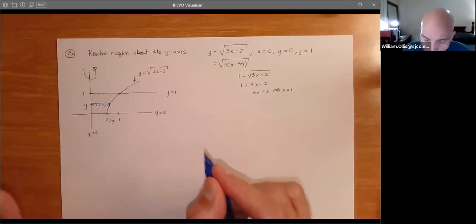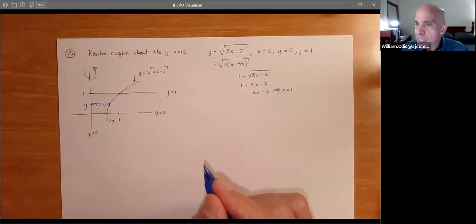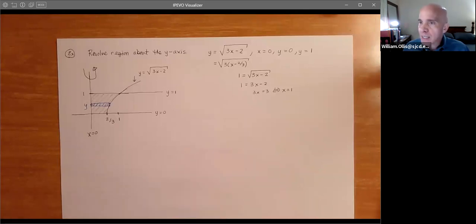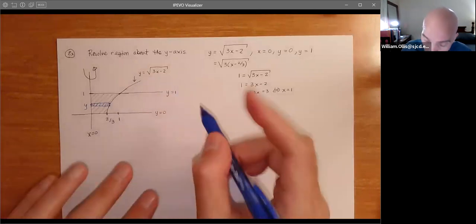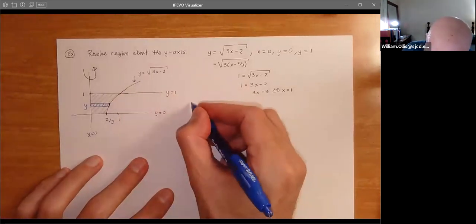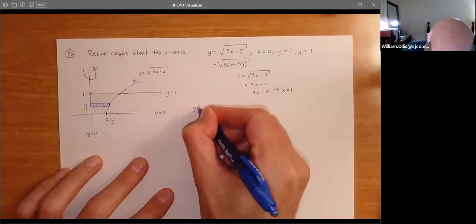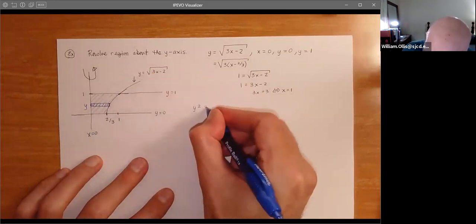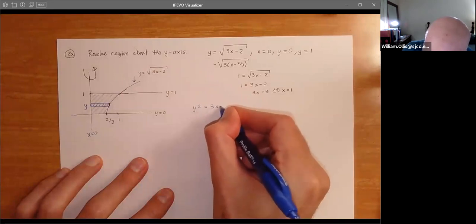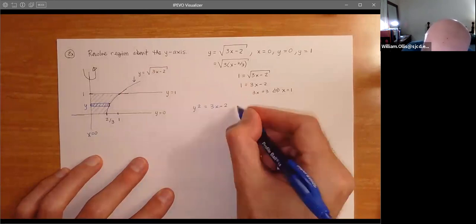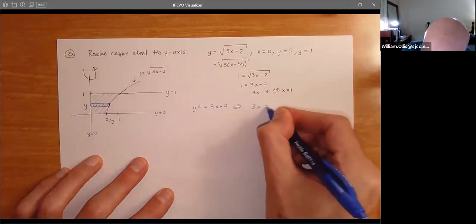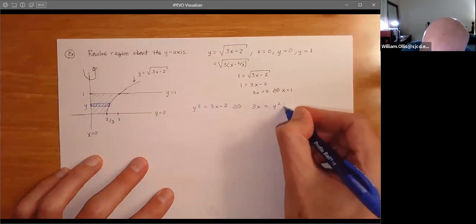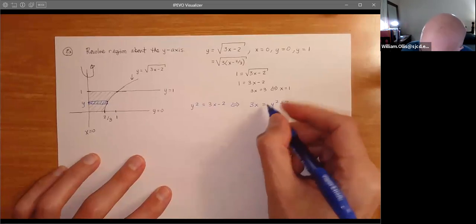So now y is independent, and we just need the radius function. All we have to do is take our equation and solve for x, and then we've got our r that we need. So again, squaring, y squared equals 3x minus 2. Equivalently, we have 3x equals y squared plus 2. Very simple algebra, but very important algebra.